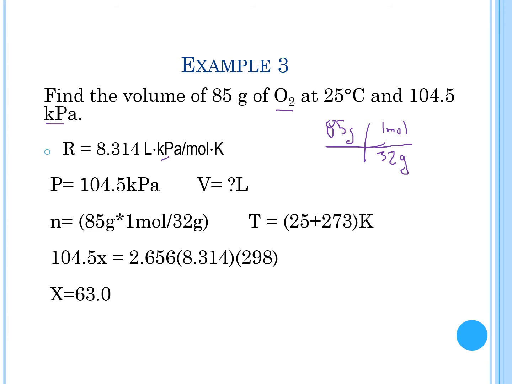So that's where the 2.656 came from. A one-step molar conversion, 2.656 moles of O2. Plug that in, simplify, solve for X, 63. Remember we were solving for volume, so liters is our unit.